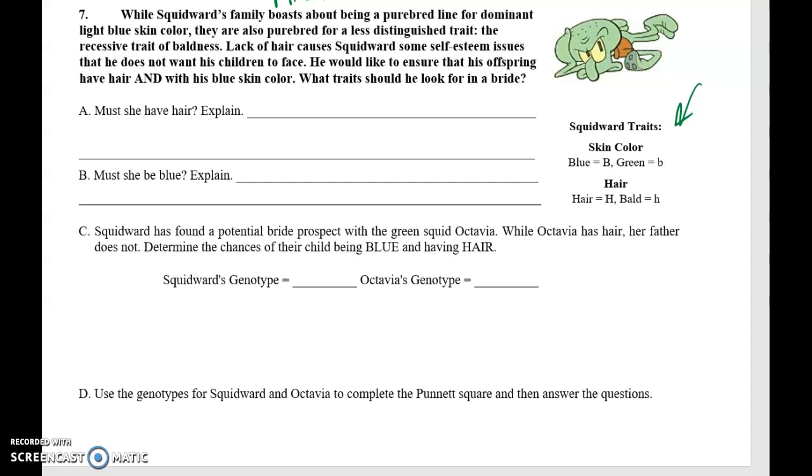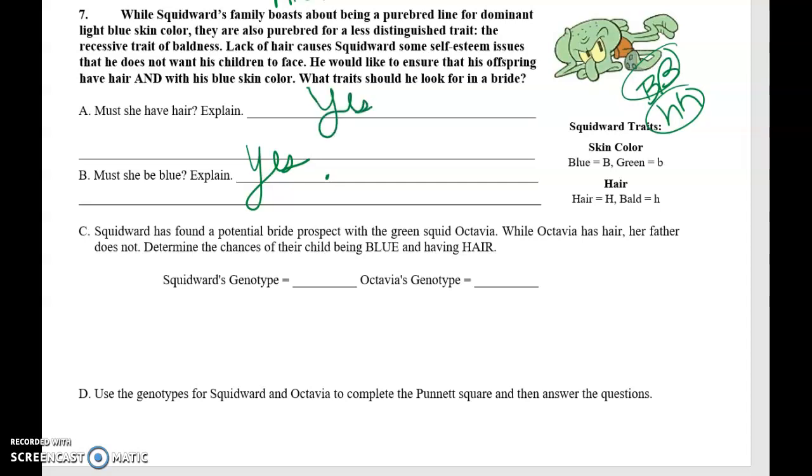Take a look. Do you know Squidward's genotype? He is homozygous for his blue skin, but he's also bald. He's big, small. Squidward is homozygous for his blue trait, but he's also bald. Must she have hair if he wants children to have hair?